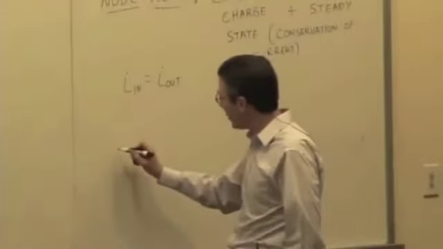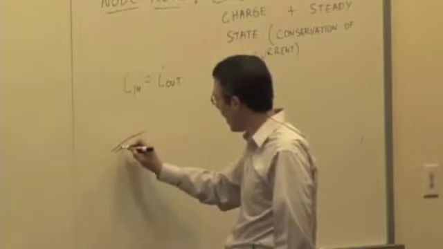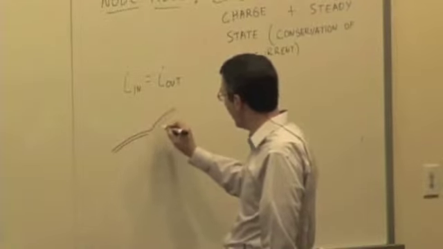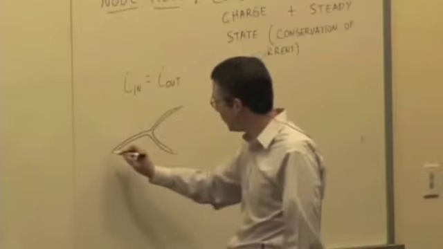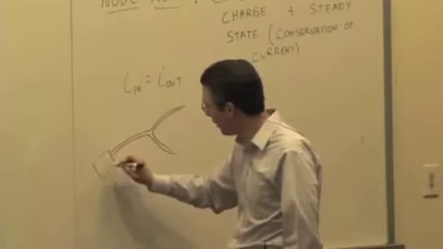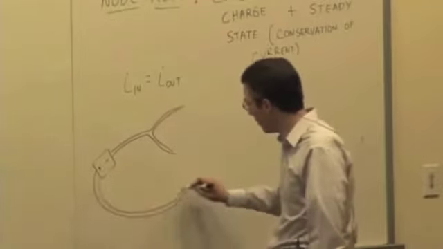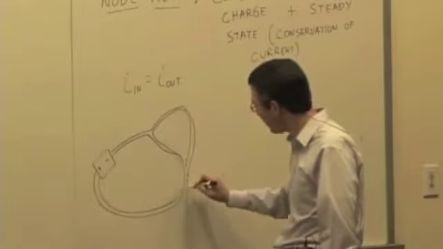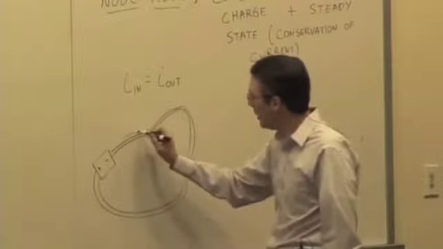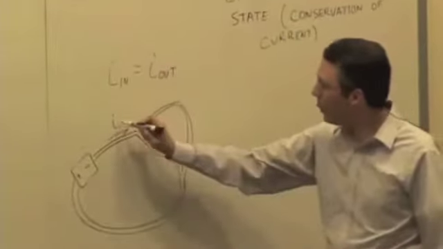And we'll deal with more complicated circuits later, but it also has consequences if you have a more complicated circuit where the wires actually branch apart. So, for example, if you have a battery here and some circuit that looks like this, and it comes back together maybe over here. So here is the flow of electrons coming out of the battery. We'll call that I1.